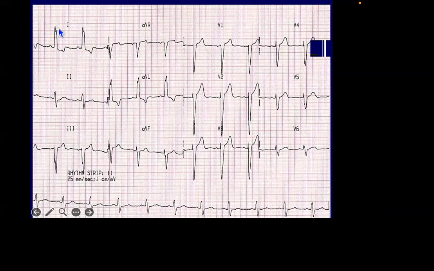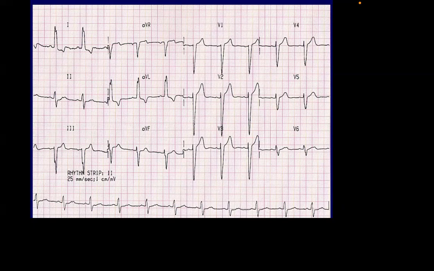If you look at lead V1, the M shape, you will not see it equally. Sometimes the first will be taller than the second. It has very important implications in the arrhythmias, which we will come to discuss.